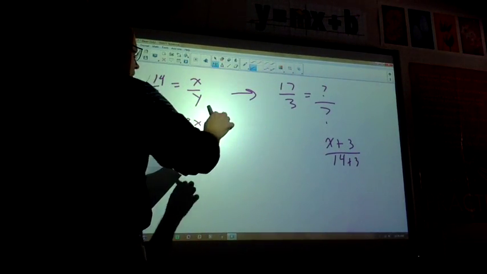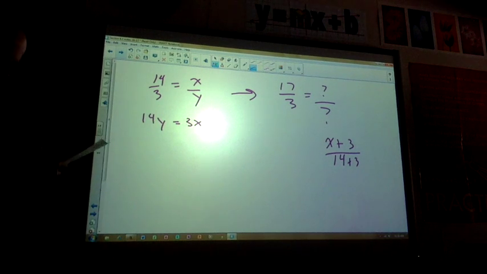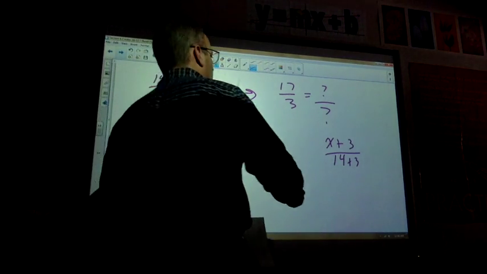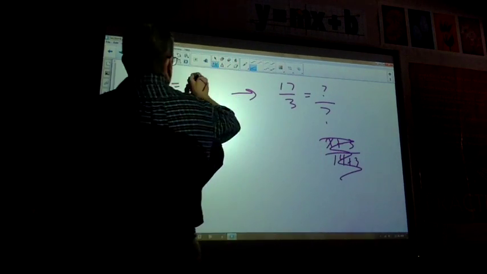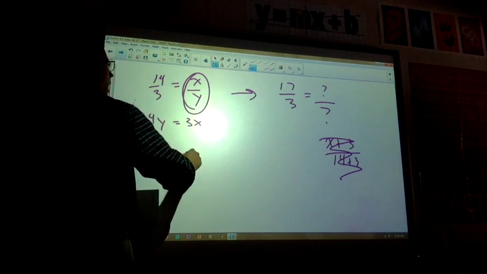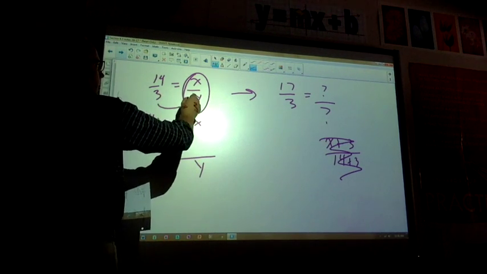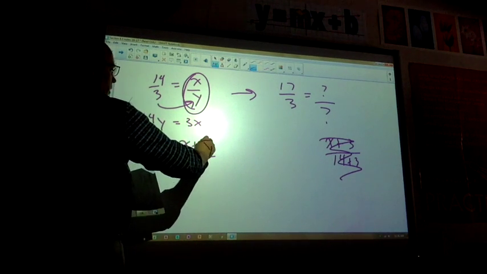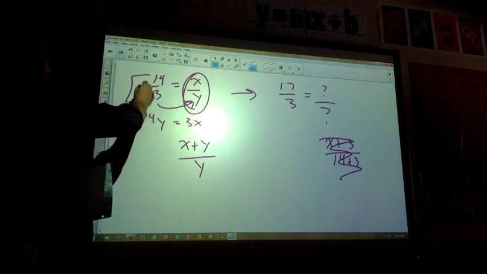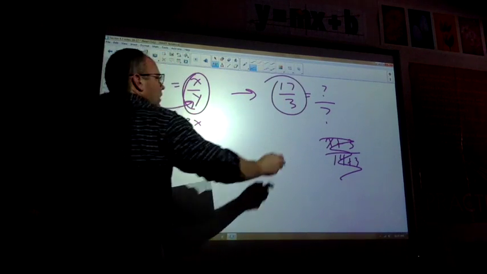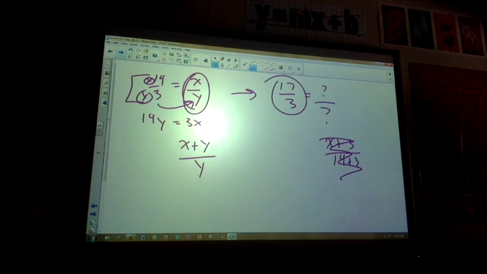Oh, they want x plus 5. All right, so what do you have to do to this in order for this to happen? The denominator stays the same. And what do you have to add to it? You're assuming you have your x and y's this way. So this is an x value and this is a y value. What do you have to do to that x and y in order to get to that? And that's kind of the lead on that.